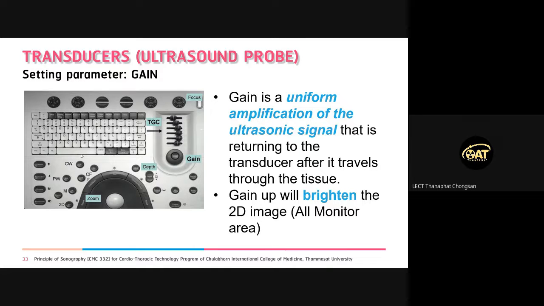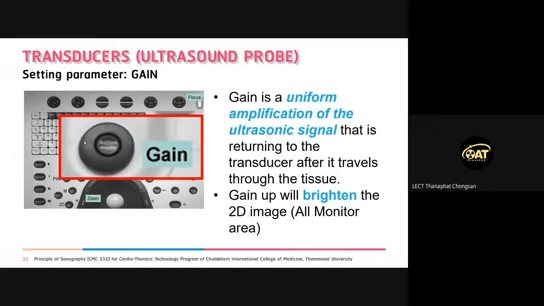We can adjust the image by using the control panel on the ultrasound machine. The first parameter we can use to adjust brightness is gain. Gain is used to amplify the ultrasound signal.